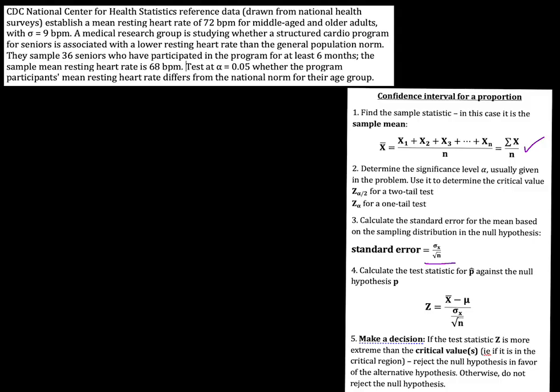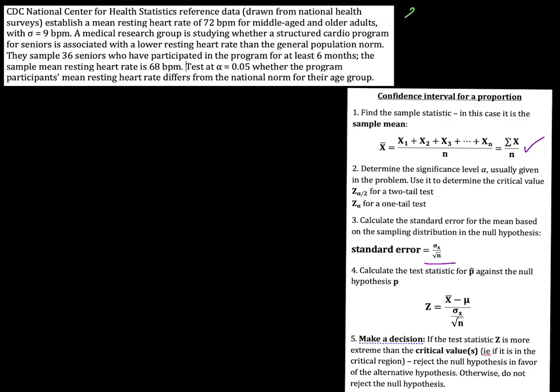So here we have CDC, National Center for Health Statistics, reference data drawn from national health surveys establish a mean resting heart rate of 72 beats per minute for middle-aged and older adults with sigma equals 9 beats per minute, sigma being the symbol for the population standard deviation.